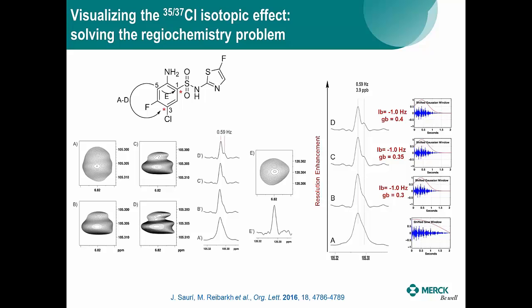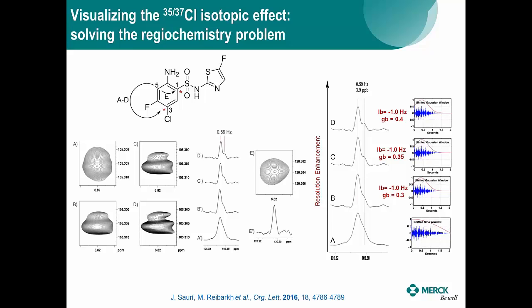The only thing that is different is the way that we process the data. If we look at those 2D cross peaks, we can see that carbon 3, resonating at 105, has this chlorine isotopic shift.